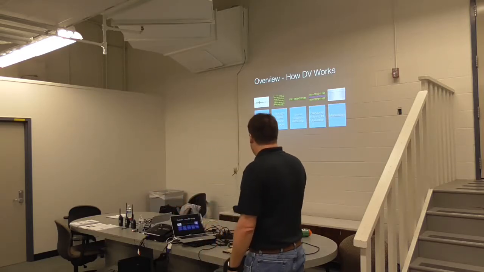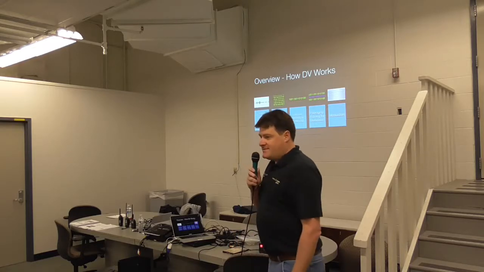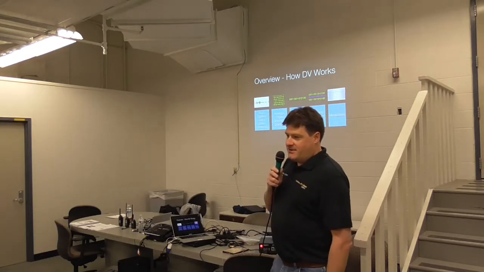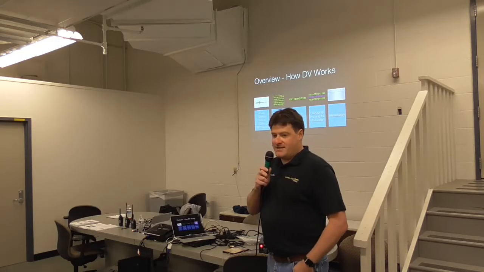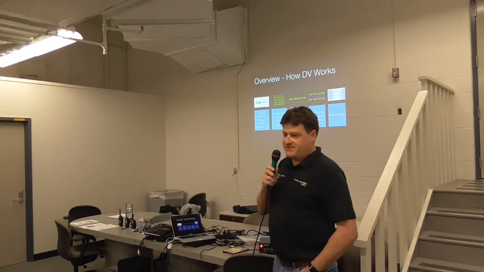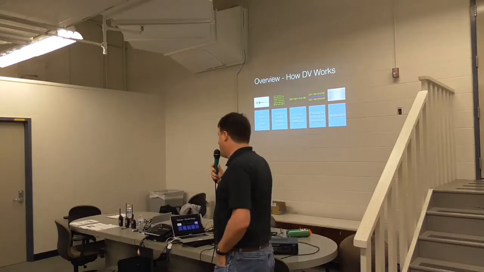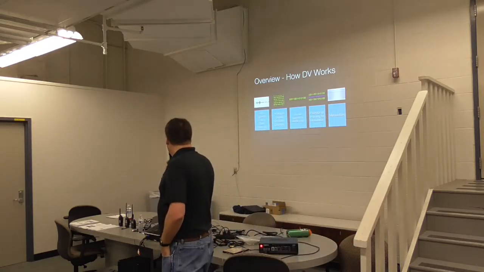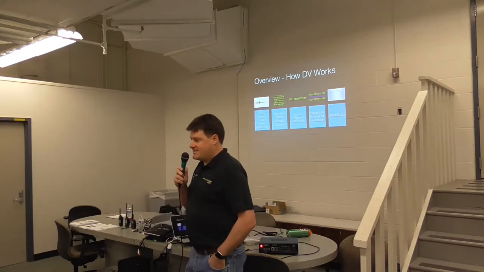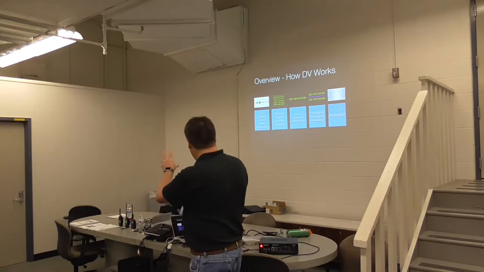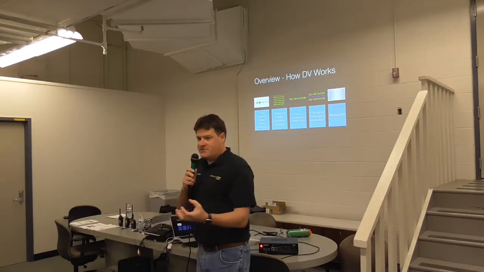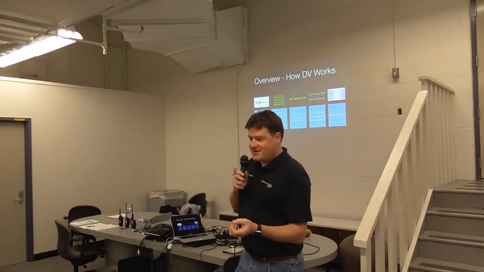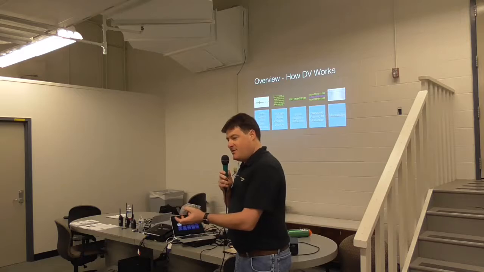Now the secret sauce there is kind of in the middle. This is what's called a vocoder, and these vocoders are proprietary in all the digital modes. It's developed by a company called DVSI, and they create this AMBE chip, which takes these zeros and ones that we're spitting out that got converted, and it's compressing them down. So for you young kids, think of this like a WAV file and an MP3 file.